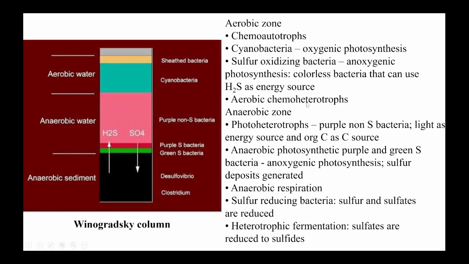Then aerobic chemoheterotrophs. In the anaerobic zone, you will have photoheterotrophs, purple non-sulfur bacteria, which will use light as the energy source and organic carbon as the carbon source. Then anaerobic photosynthetic purple and green sulfur bacteria, which will do anoxygenic photosynthesis, that is anaerobic photosynthesis without oxygen.